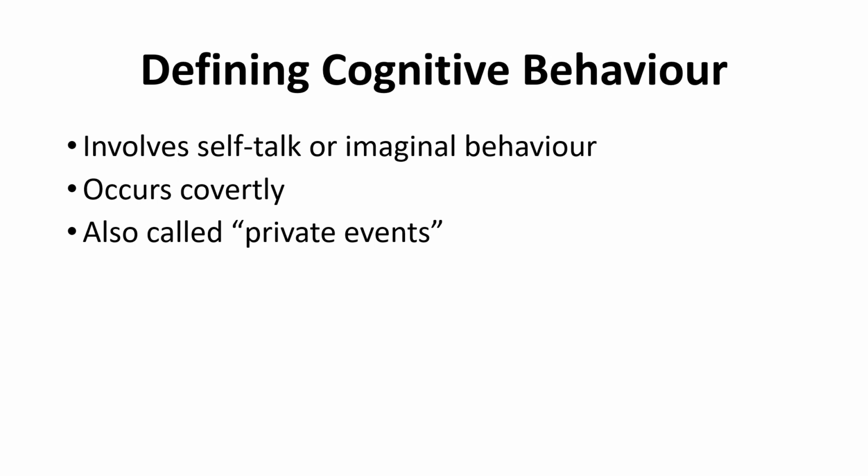And I suppose it goes without saying that when we're talking about cognitive behavior, we're going to be pretty much exclusively talking about it in terms of human cognitive behavior, because anything to do with non-human animals and cognitive behavior is its own can of worms. So, enough disclaimers on that.